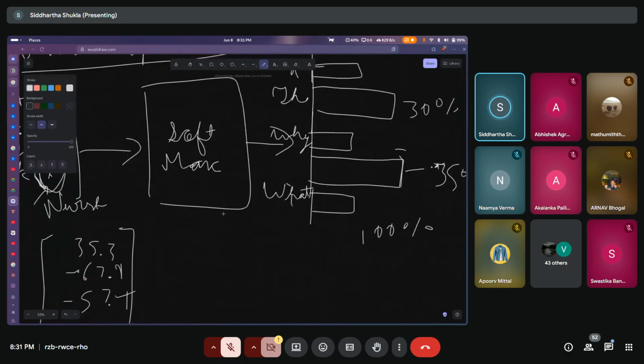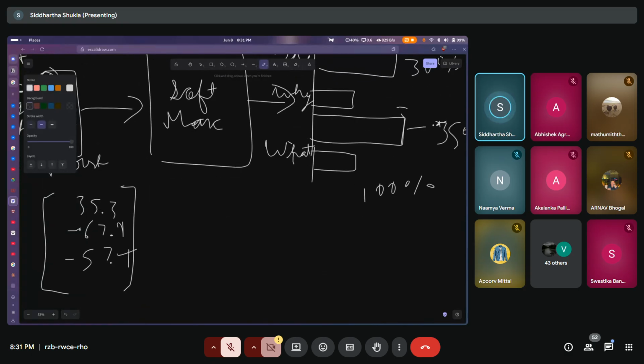What we have done using softmax is we have normalized all of these values to give us values between 0 and 1. For instance, this becomes 0.2, this becomes 0.5, this becomes 0.3.